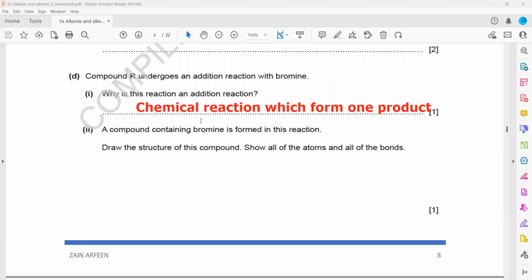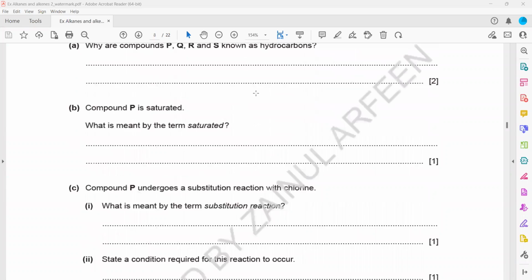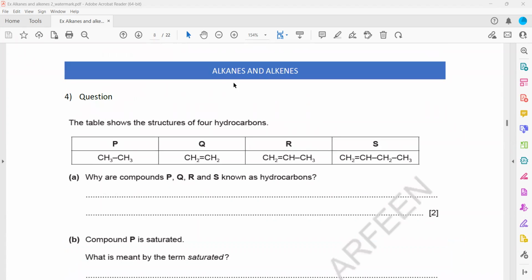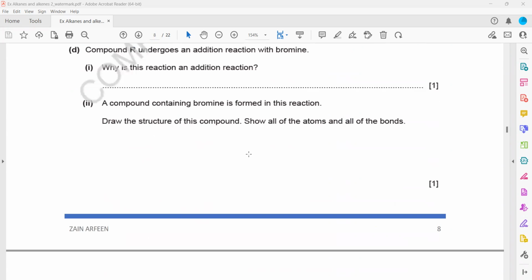A compound containing bromine is also formed. Draw the structure of this compound. R undergoes an addition reaction with bromine, which means bromine is added to R. R is propene. Whenever an alkene reacts, the double bond turns into a single bond. Because it is reacting with Br2, two bromine atoms will be added.